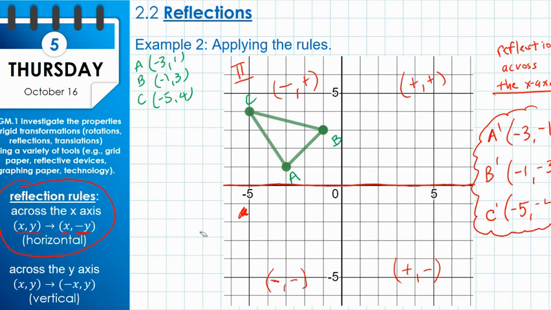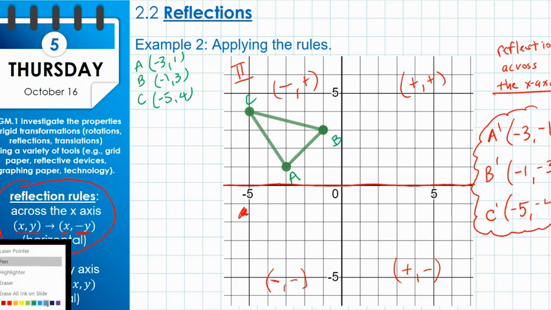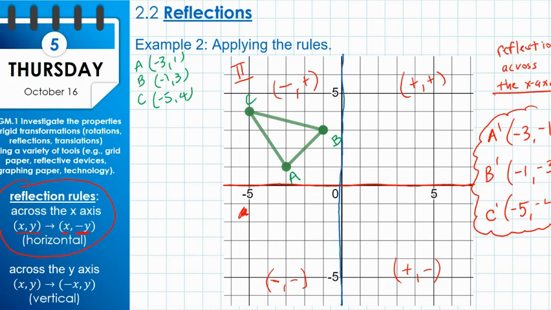So we're going to reflect these coordinate points across the y-axis.